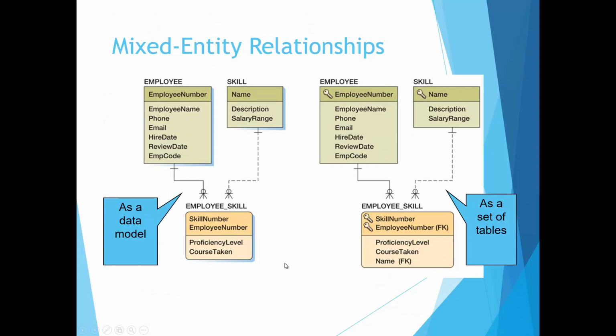In this mixed entity relationship, the skill name was used as a foreign key, but a skill number was added as part of the primary key for the employee skill table. Again, the data model on the left, while the database design on the right side.